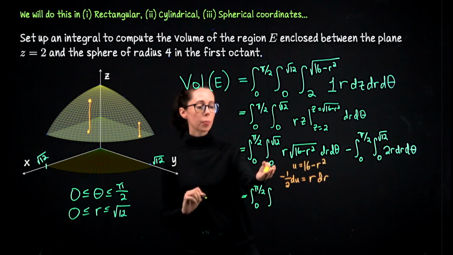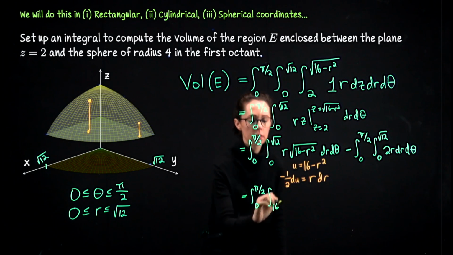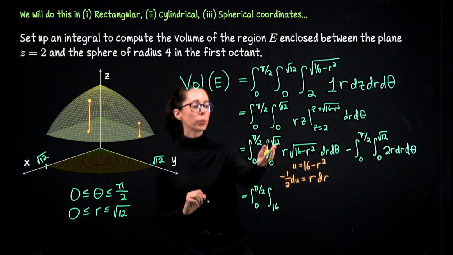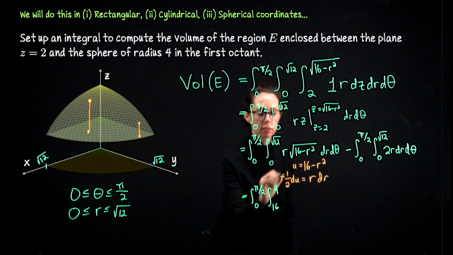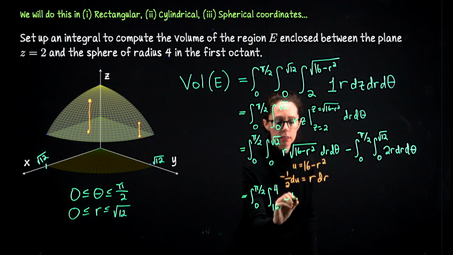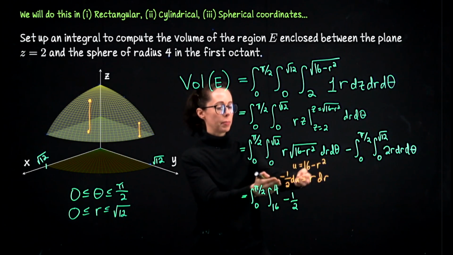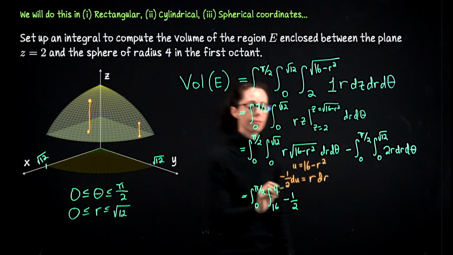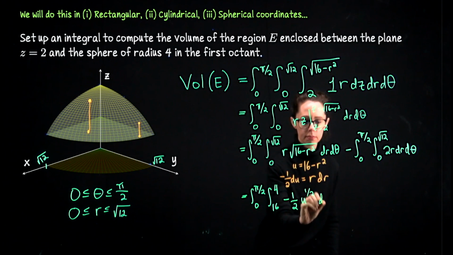When the original variable r was 0, u is 16. On the other hand, when the original variable r was the square root of 12, u is 4. And then we have a negative 1/2 square root. So r dr here became negative 1/2. I'll write du in a moment, but then square root of u, let me write that as u to the 1/2 du d theta.